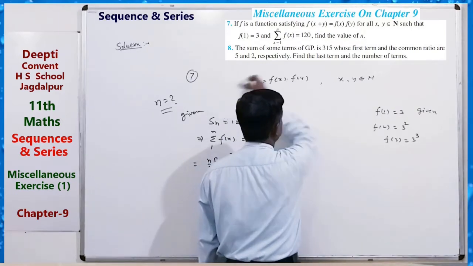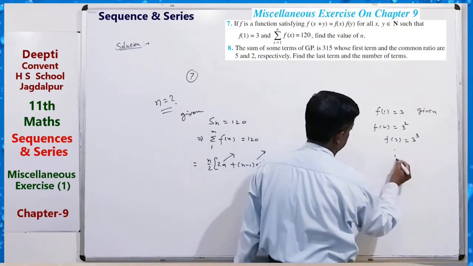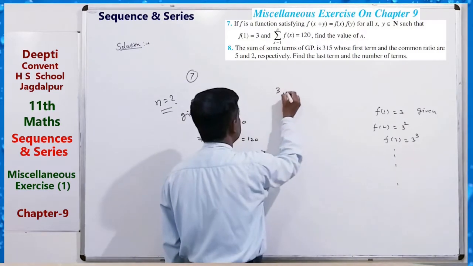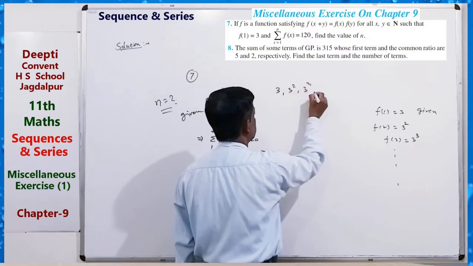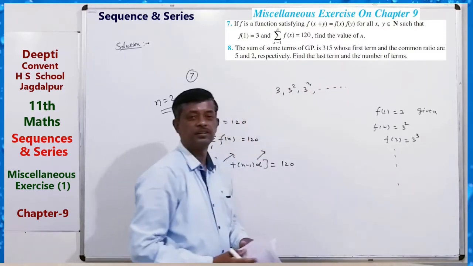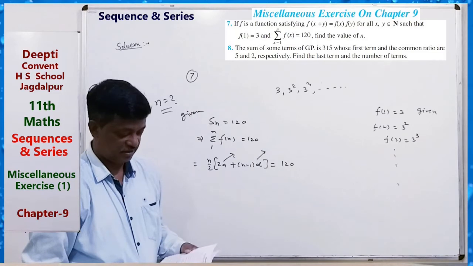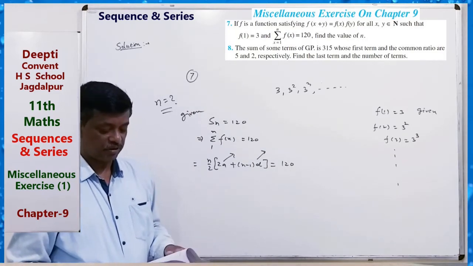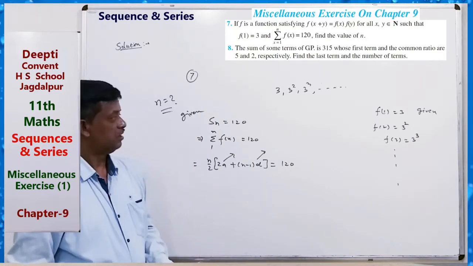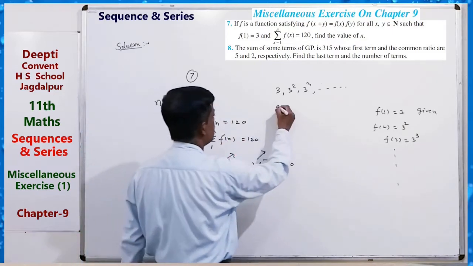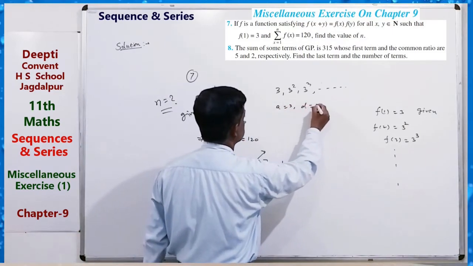Clear? These are the numbers. Means the series is 3, 3 square, 3 cube and so on. We say this is in GP. If this is GP, then A equals 3 and D equals 3.